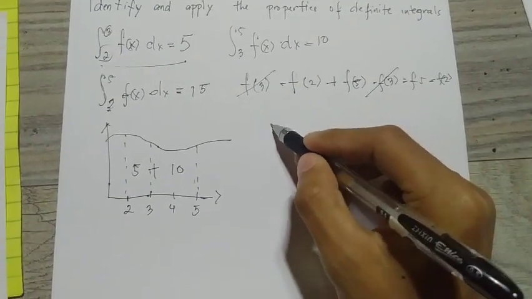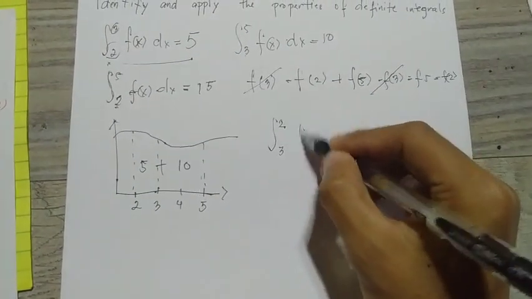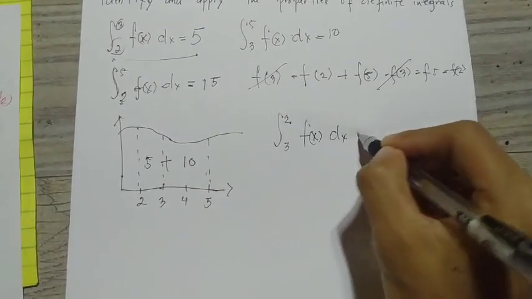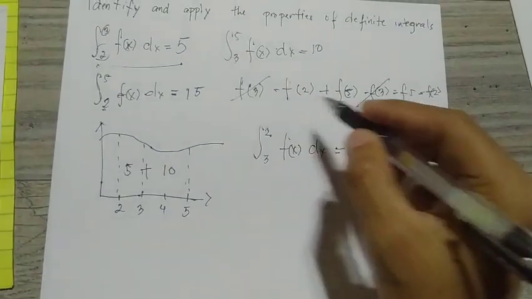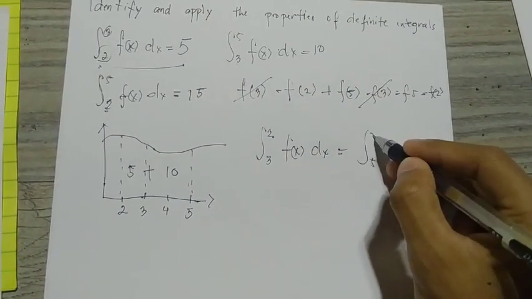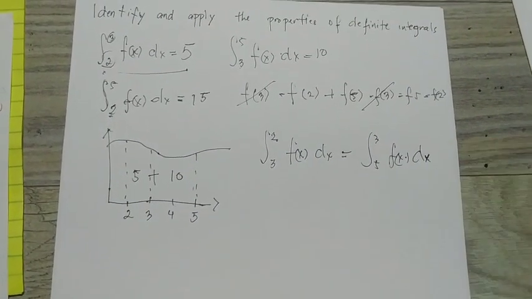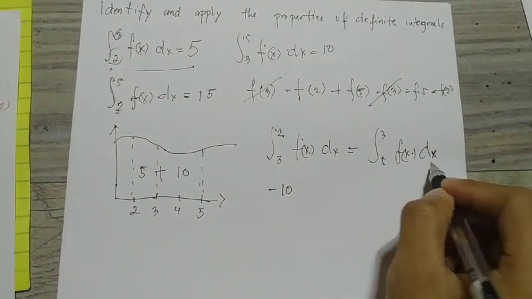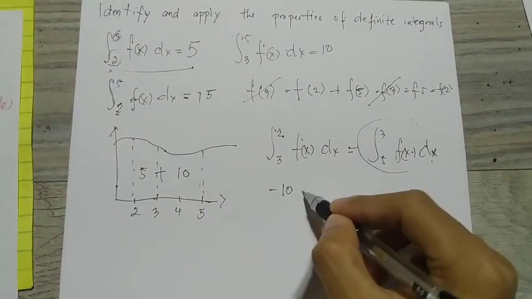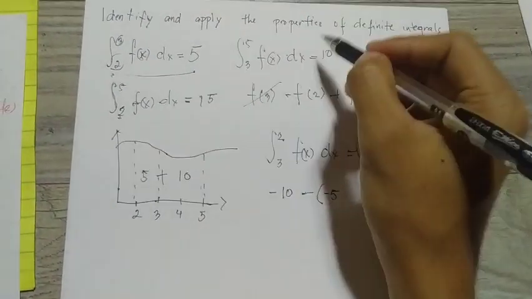If we invert this problem, so the integral from 3 to 2 of f of x dx and the integral from 5 to 3 of f of x dx, it will become negative. So negative 10 minus negative 5.